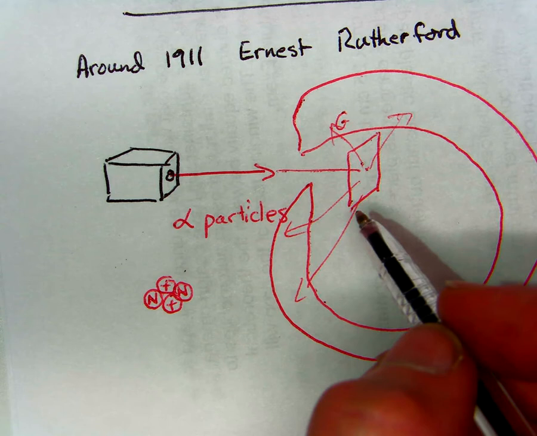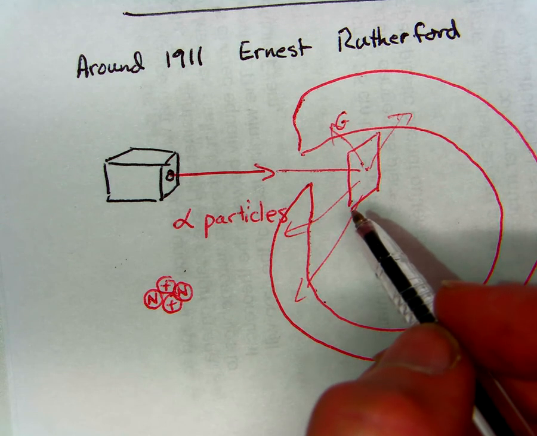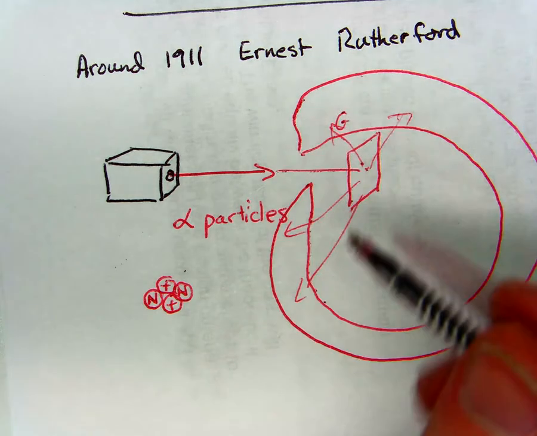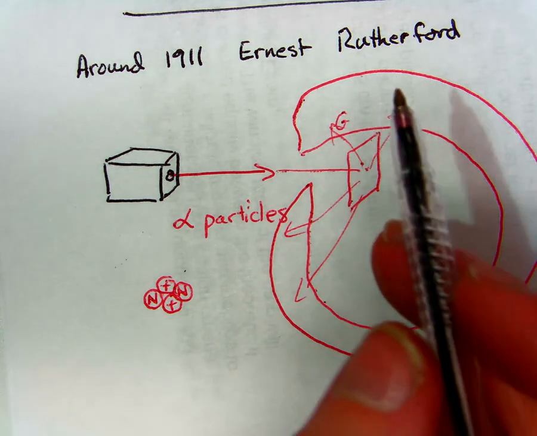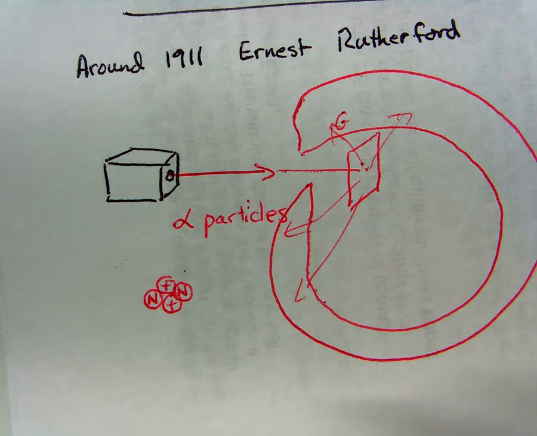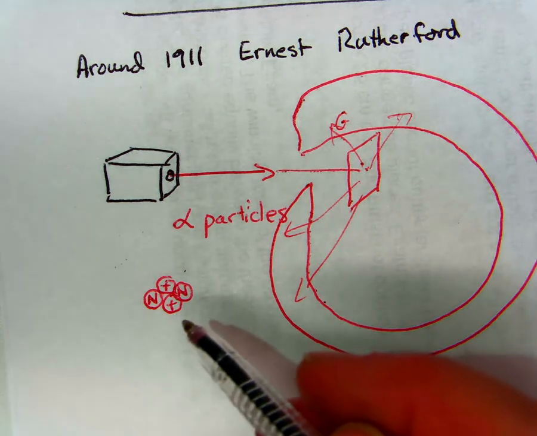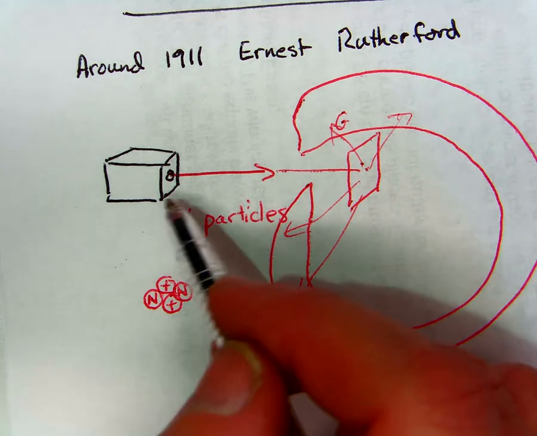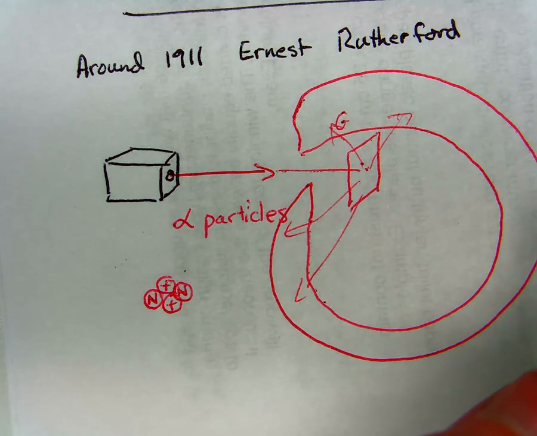And this alpha particle gets scattered if there are only positive charges, which is what we have here. Okay. If it was neutral, it would go right on through.